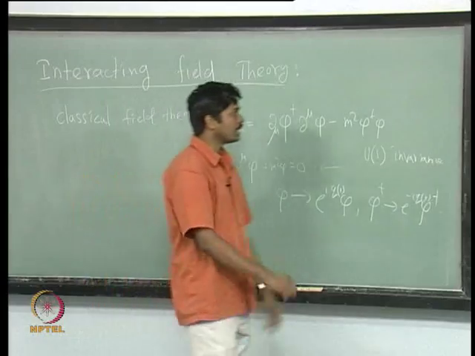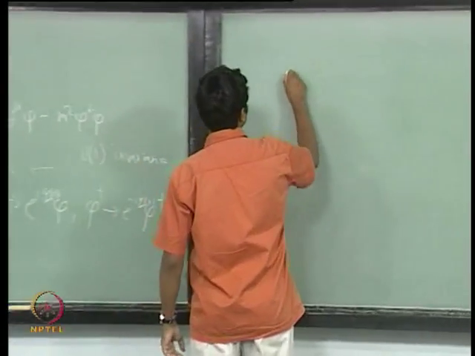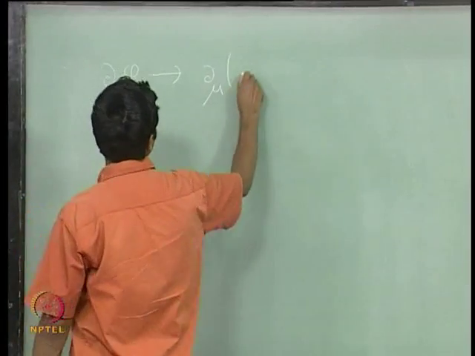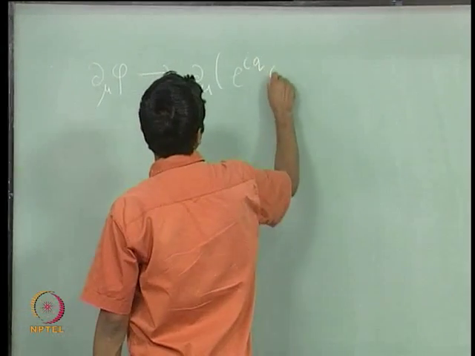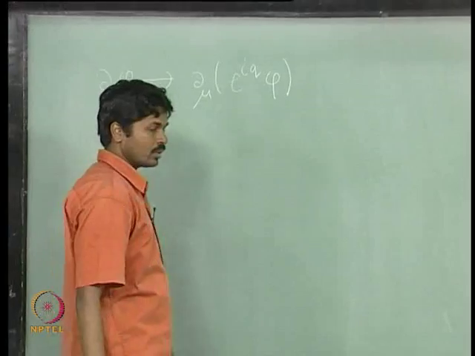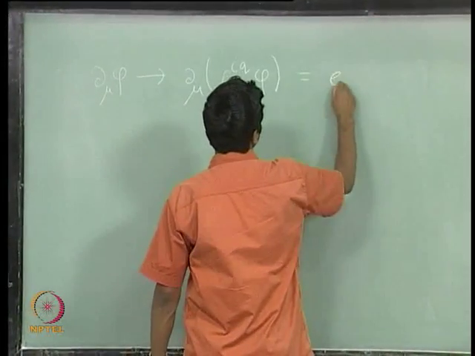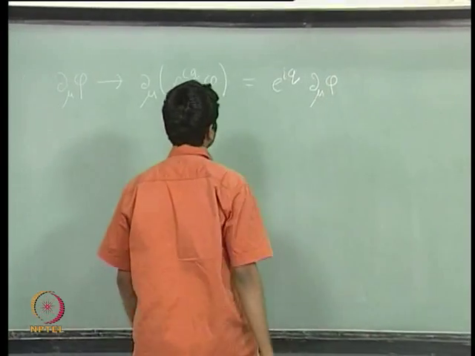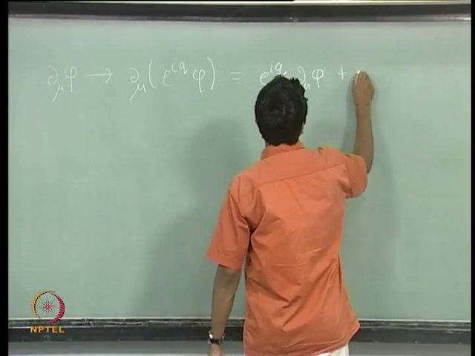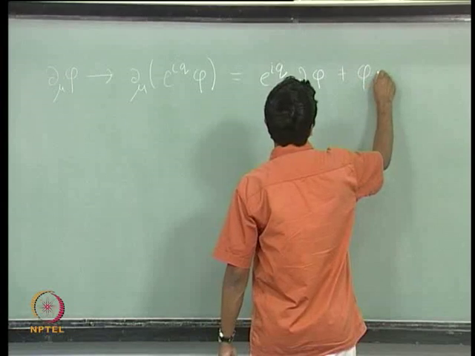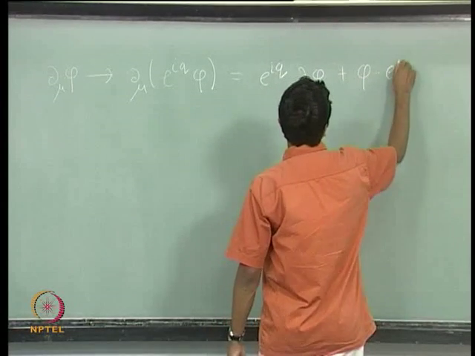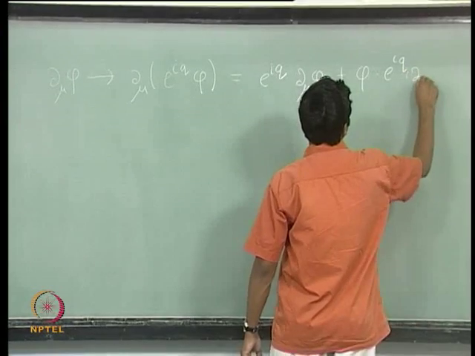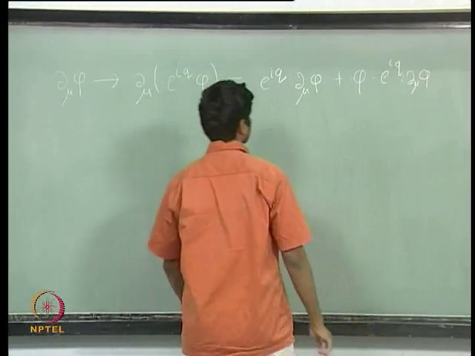So, let us check that. Del mu phi goes to del mu of e to the power i q phi. So, this is e to the power i q del mu phi plus phi times e to the power i q, i times del mu q.